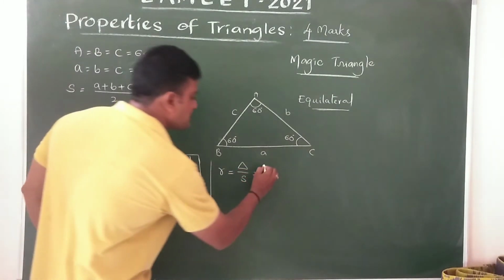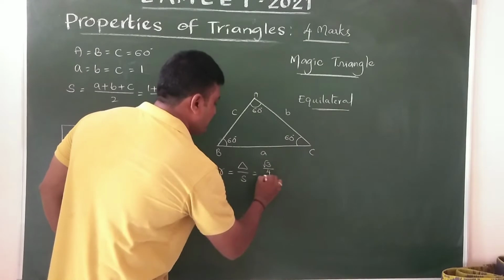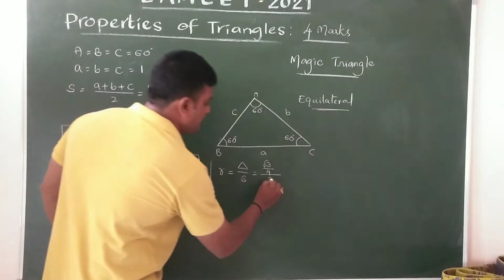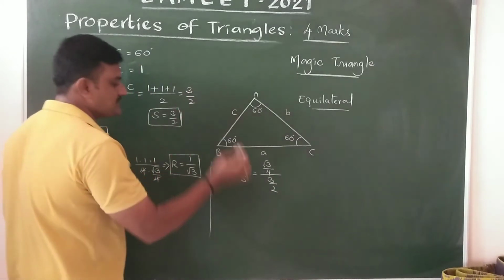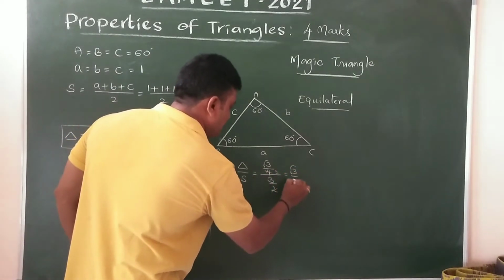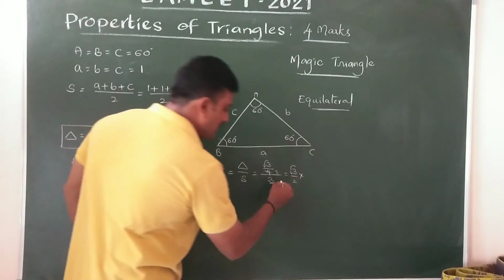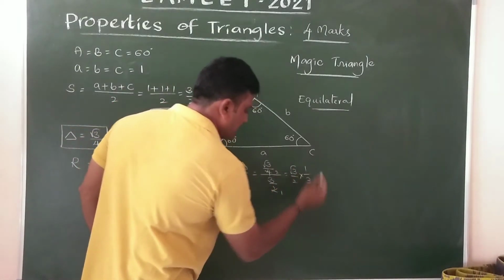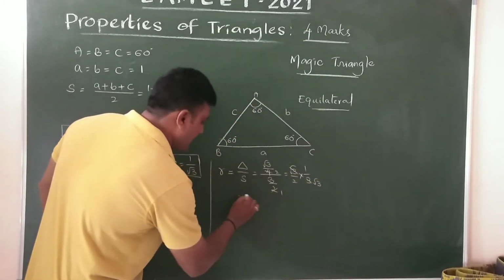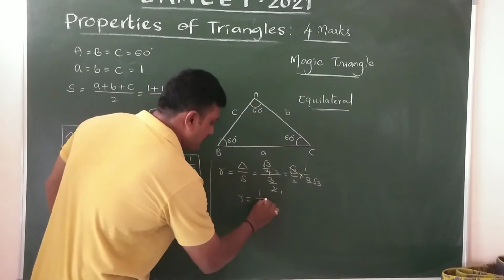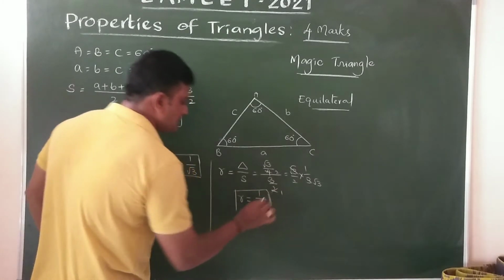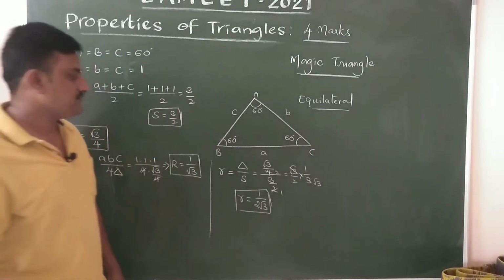Then delta equals root 3 by 4, and s equals 3 by 2. The 2s cancel, then root 3 by 4 into 2 by 3. Then r equals 1 by 2 root 3. Remember, r equals 1 by 2 root 3.